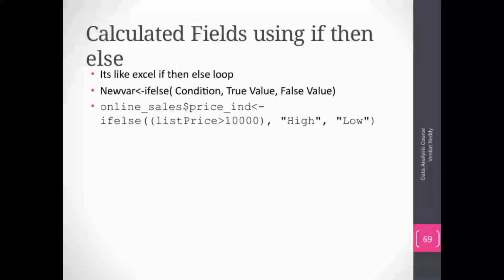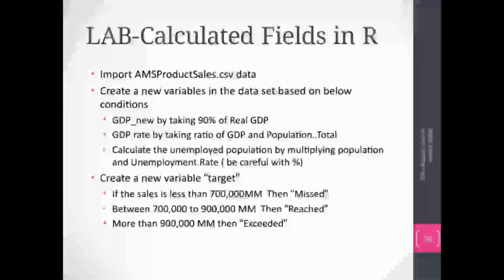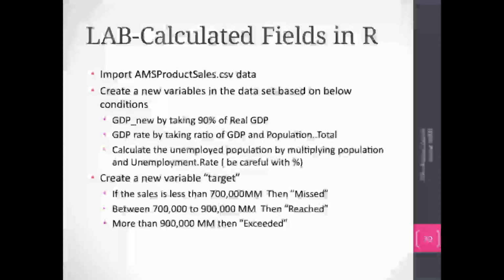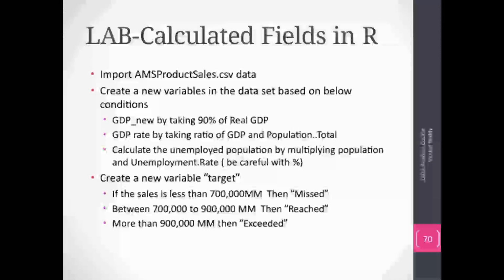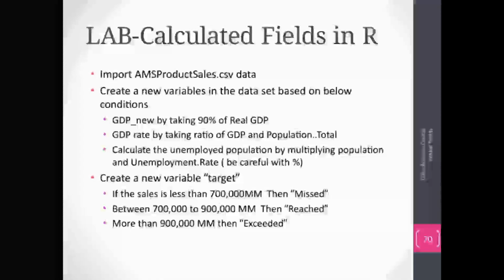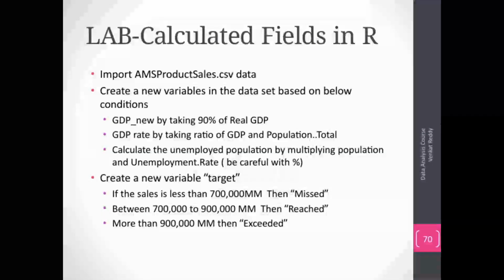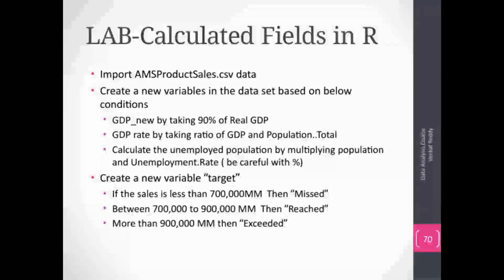Next, we compute the GDP rate by dividing the GDP by the total population, which helps us understand the relative economic size. We also need to estimate the unemployed population. To do this, we multiply the total population by the unemployment rate, but we need to be careful here. Since the unemployment rate is given in percentage, we should convert it into a decimal before multiplying.